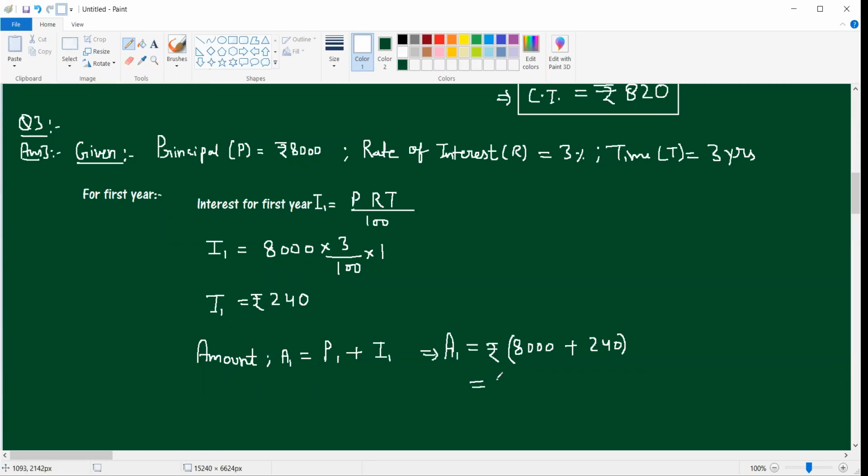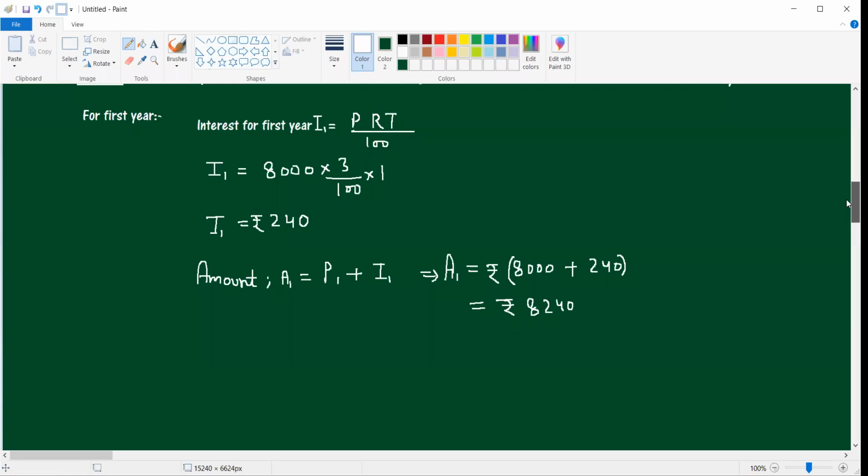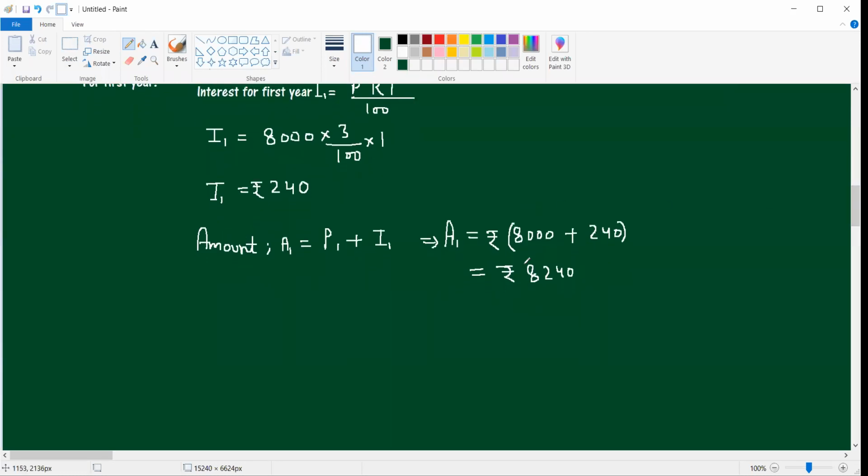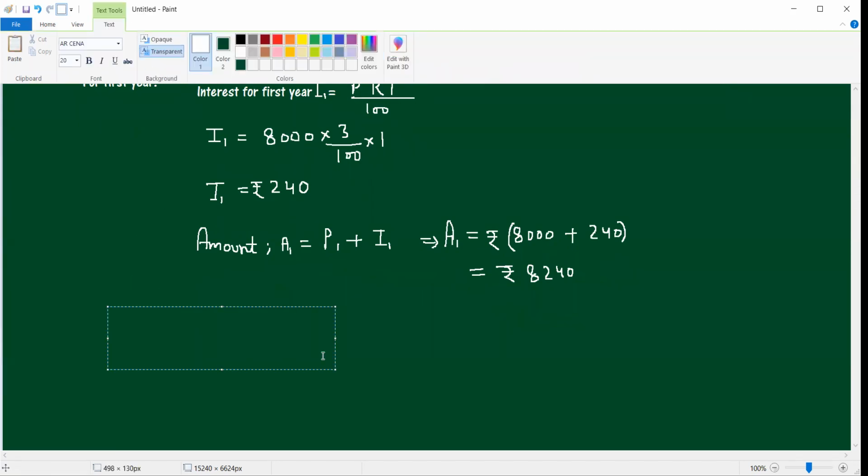So how many rupees? It is 8,240. Clear? So this is the amount after the end of the first year. Now for the second year, what do we have?